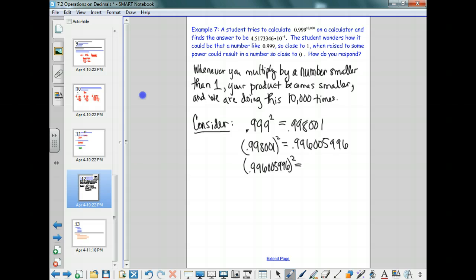You may be surprised. What did you get, Megan? 0.9920279. All right. So Megan thinks we're going to be here a while. Square it again.